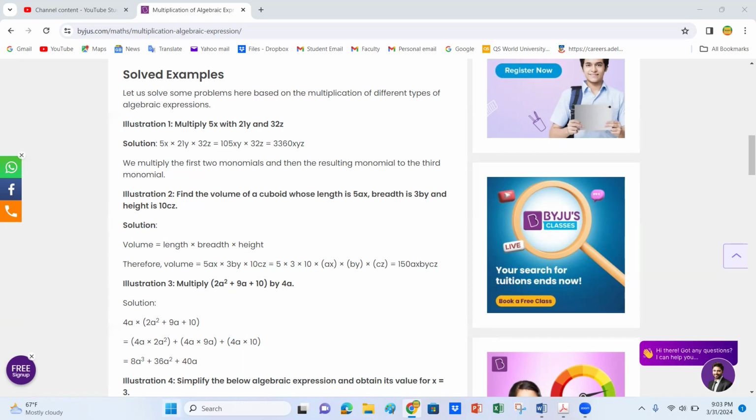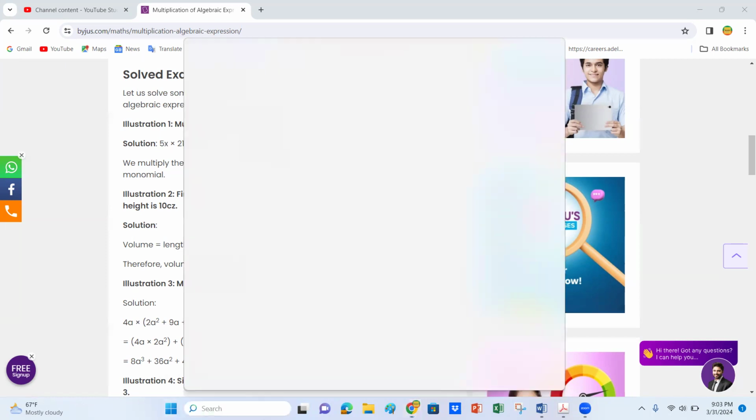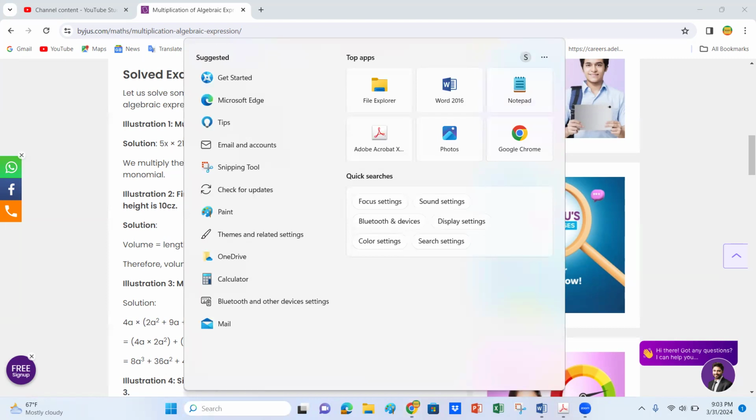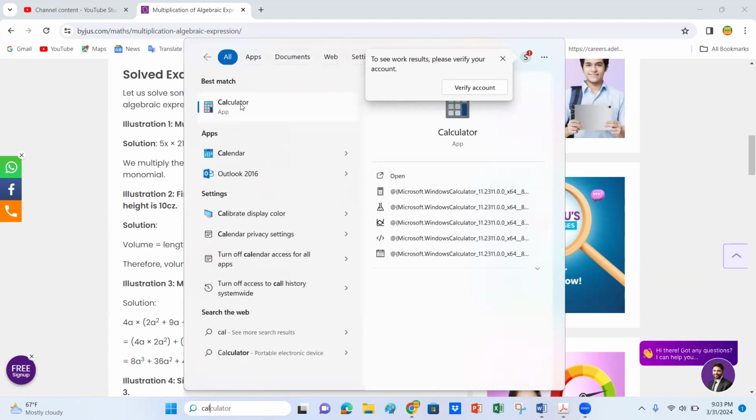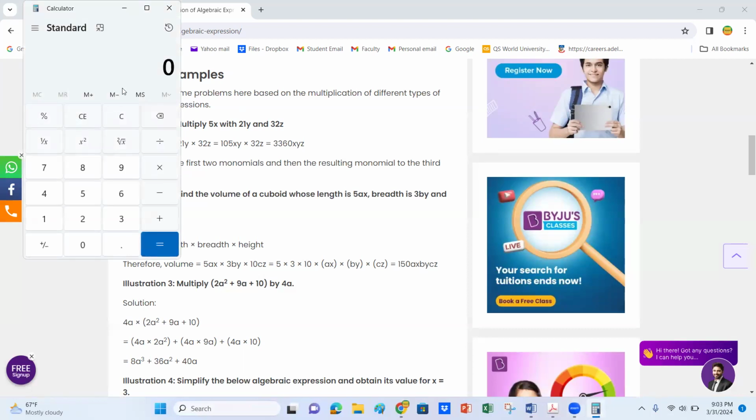For example, I will use the calculator here. 5 multiplied by 21, and its result is 105. Okay, 105xy.